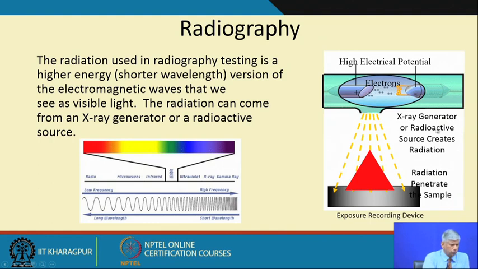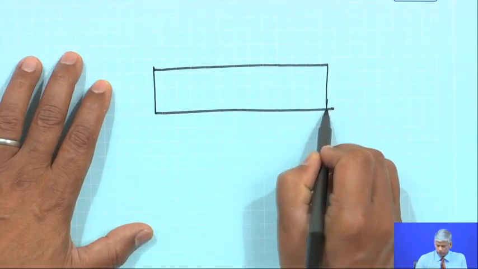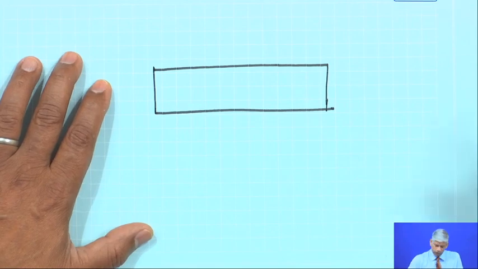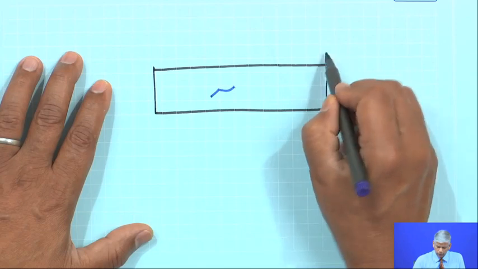Either I can have an X-ray generator, very, very high voltage, and this will create X-rays which will fall on a surface, and the energy is such that it will penetrate the sample. Now, if this sample or the test device has a defect or a foreign protrusion, they are all of different densities.